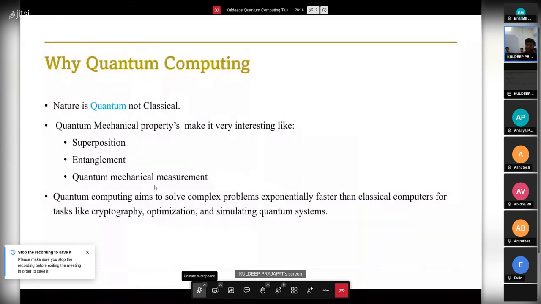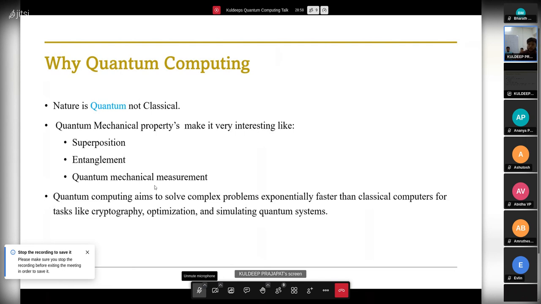There are some problems that classical computers can't solve, or that would take too much time, years or billions of years. For example, solving a multi-electron system would take too much time on a classical computer, but using quantum computers we can do it very fast and very accurately. Other examples are cryptography and optimization, which can be uses of quantum computing.